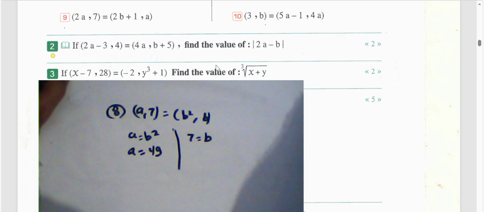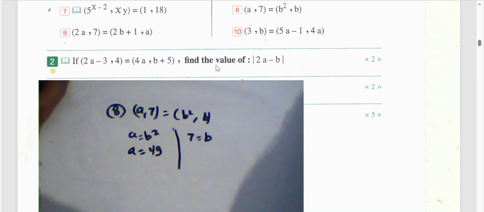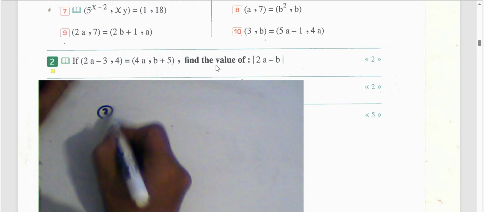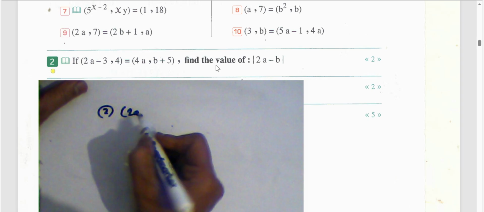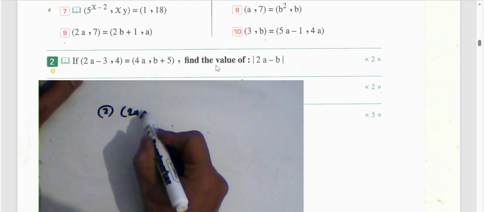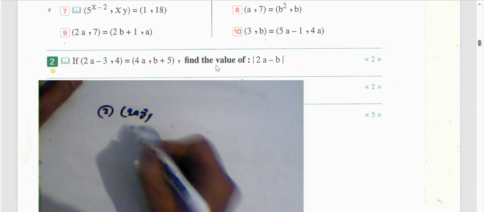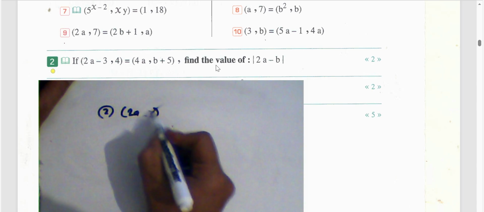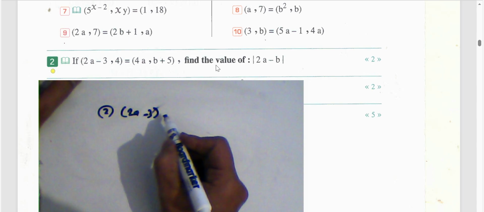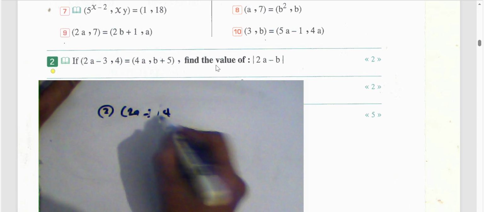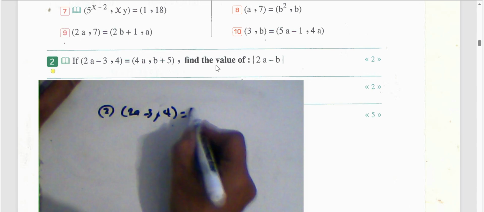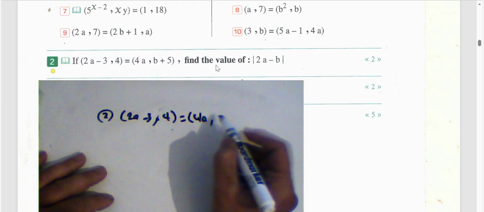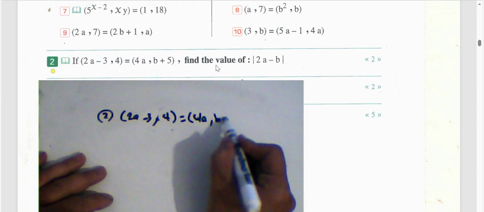Now I will explain question number 2. We have 2a minus 3 and 4, its order pair equivalent to the other order pair, 4a and b plus 5.